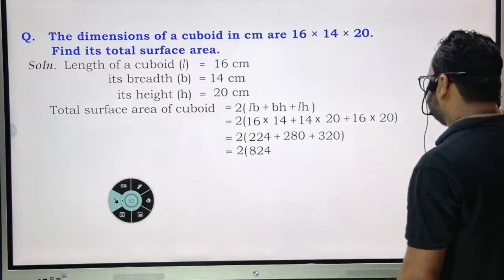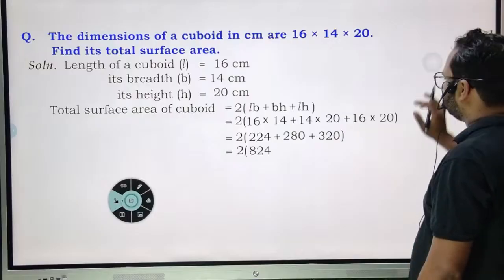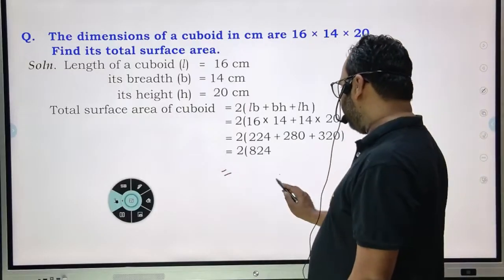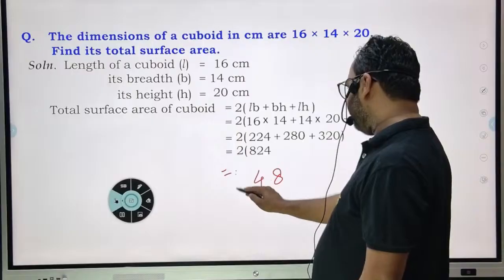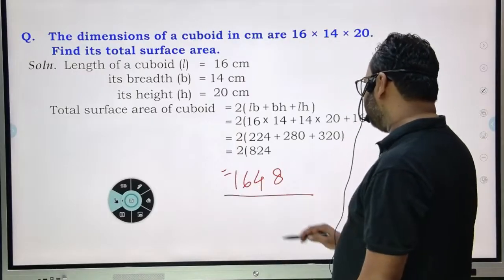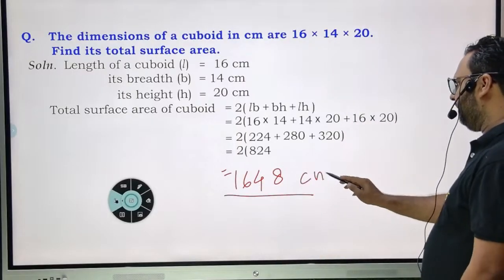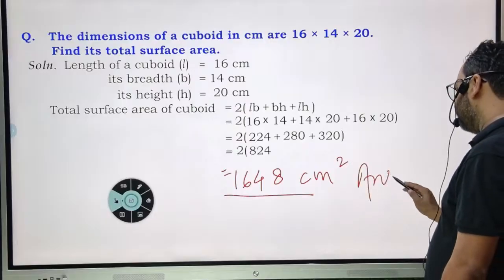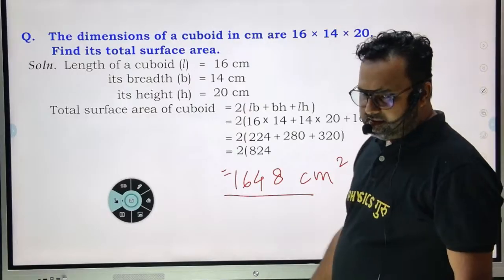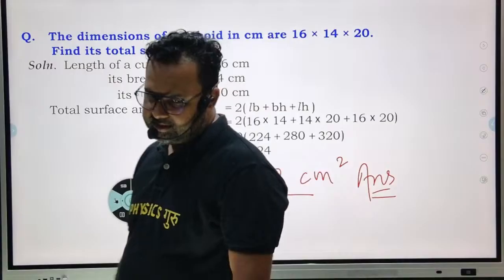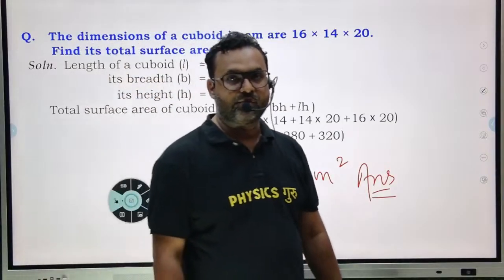So simply multiply. 4 times 2 is 8, 2 2s are 4, 8 2s are 16. So 1648 centimeter square. This is the required answer.